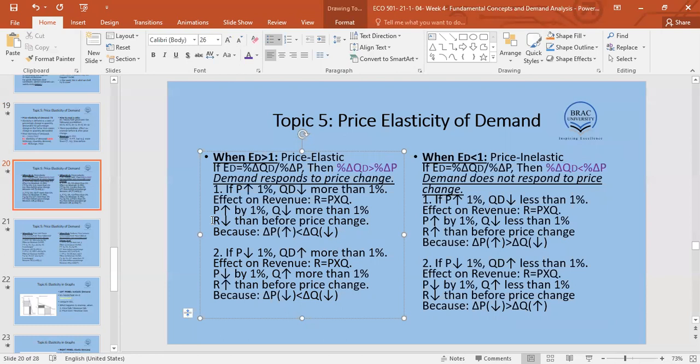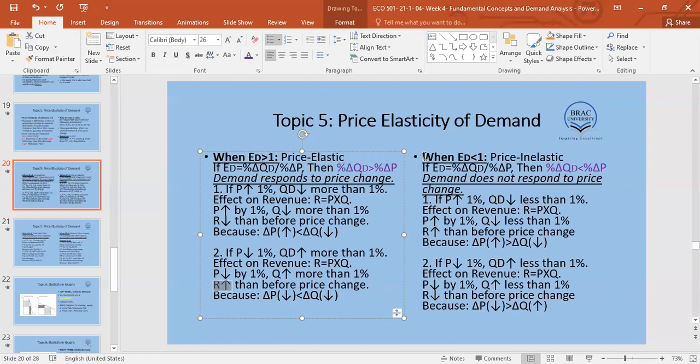Then revenue falls. The opposite can also happen. If price decreases by 1% and the quantity demanded response is more than 1%, whatever the price decrease, people are responding by buying more than the price change. So ultimately revenue will increase.